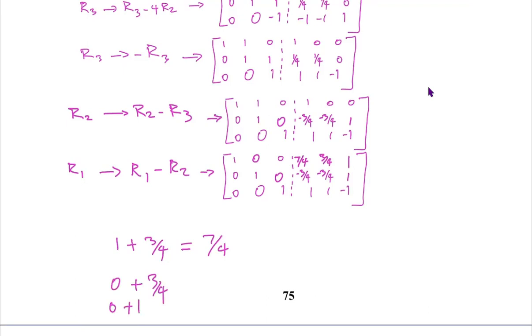Zero minus 1, sorry, it's 0 minus 1. It should be minus 1, because it's R1 minus R2. It's 0 minus R2, so that's minus 1.